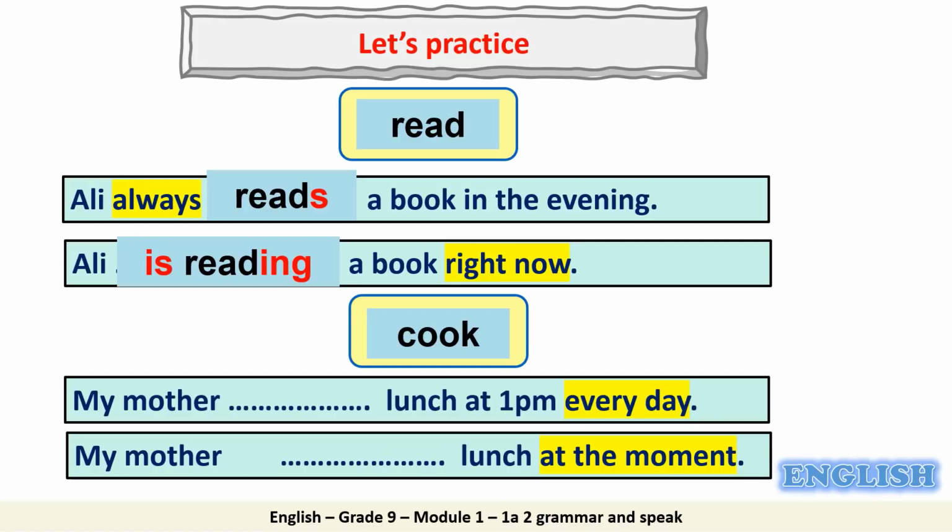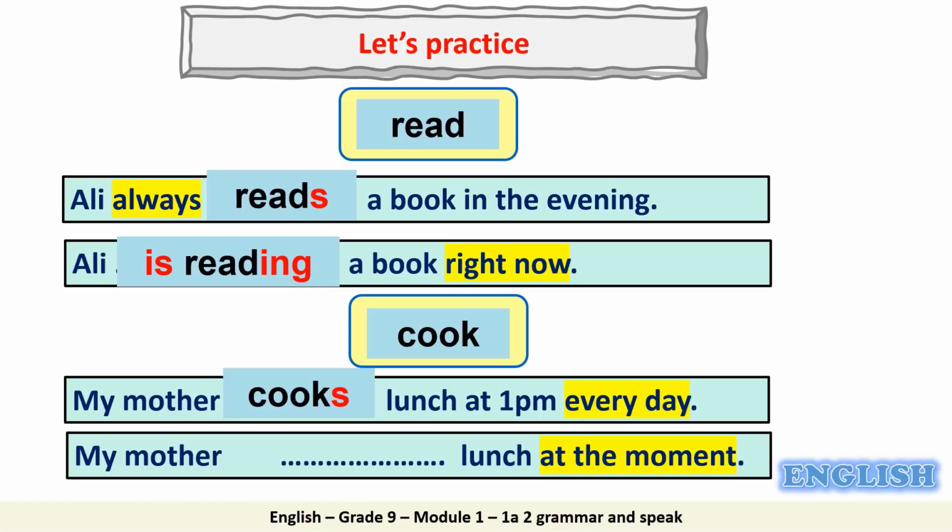Study the following sentences. Use the verb cook in the correct form after choosing the correct tense. Look at the highlighted words. They will guide you. My mother cooks lunch at 1 p.m. every day.